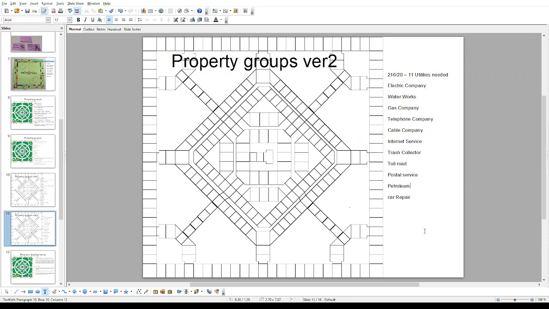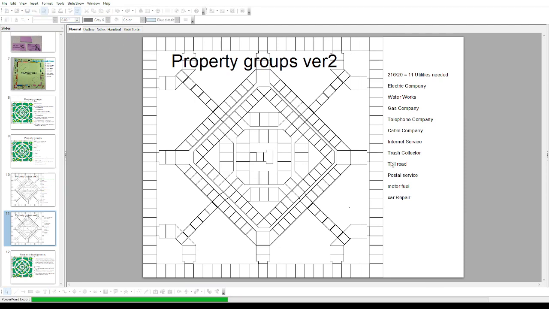And petroleum, well, I might reword these later. Okay, so 2, 3, 4, 5, 6, 7, 8, 9, 10, 11. Okay, that would be my list of 11 utilities. All right, save that.